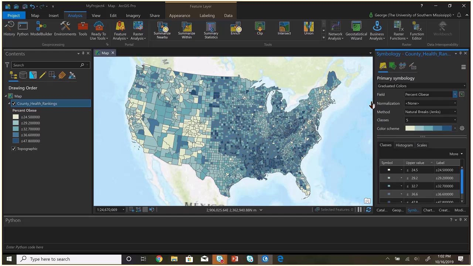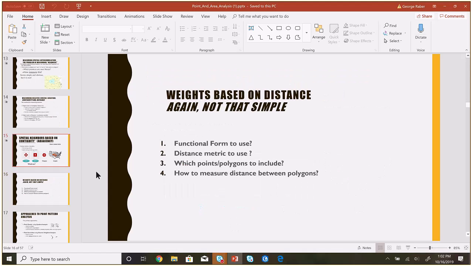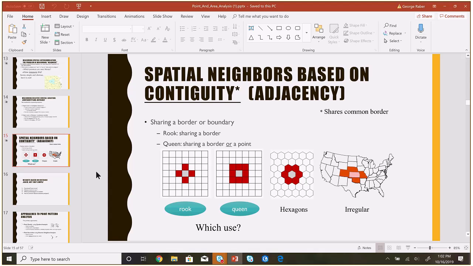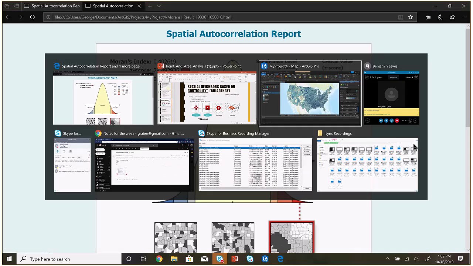Now, we're going to talk about a few of these other tools that build off of this tool. Okay. But first, let's talk about this. Let's see. So this is what we're talking about.